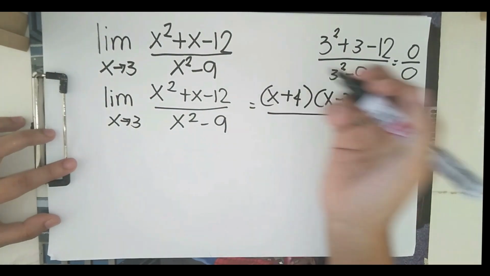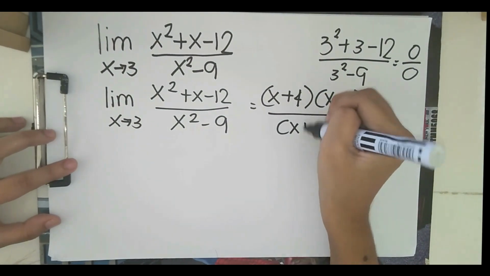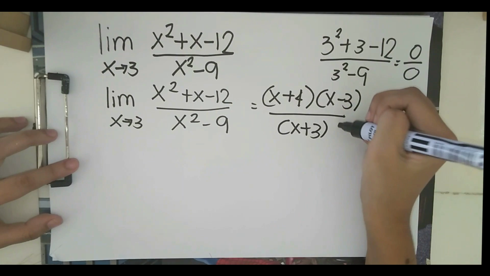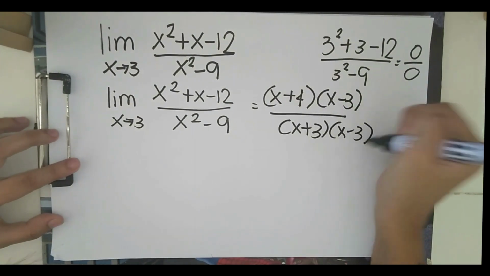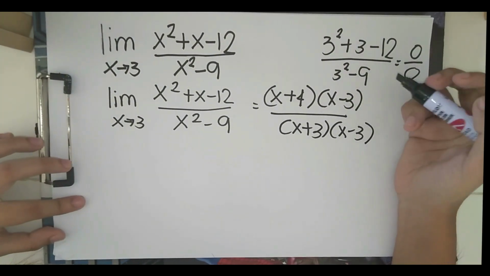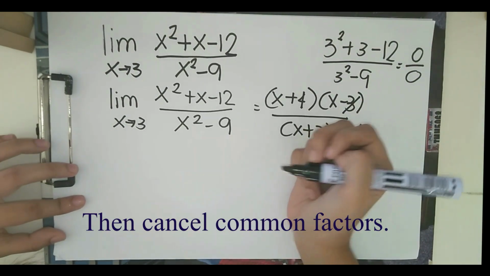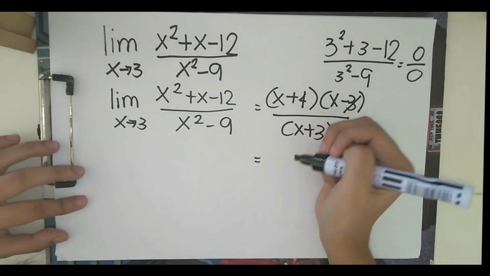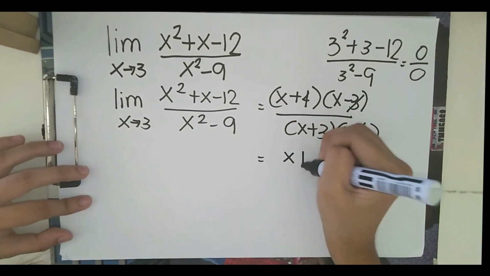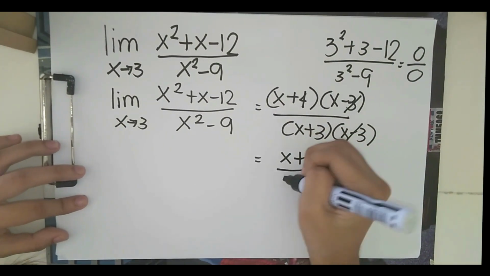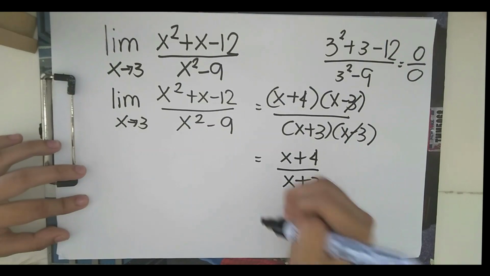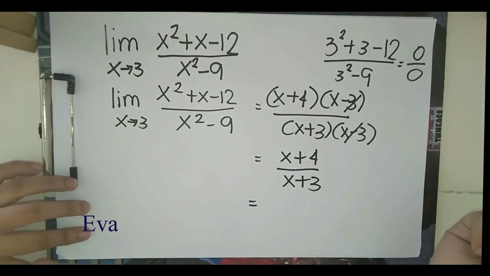The denominator is a difference of squares, so the factors are x plus 3 and x minus 3. So I have something to cancel. Cancel the common factors. What's left is x plus 4 over x plus 3.